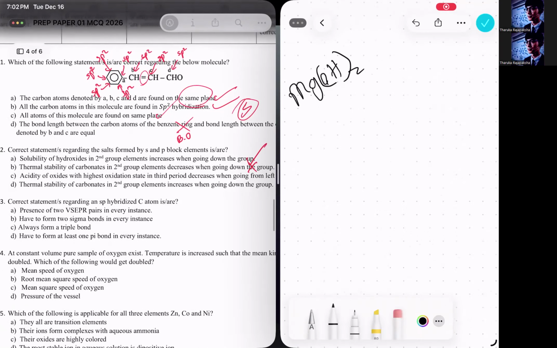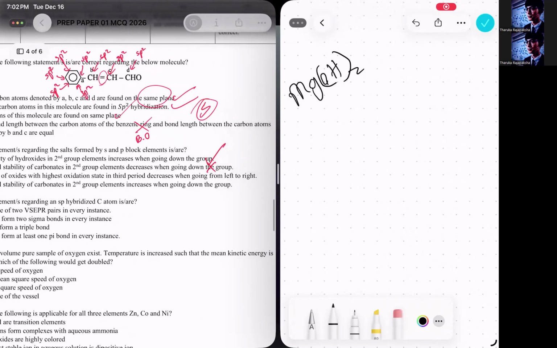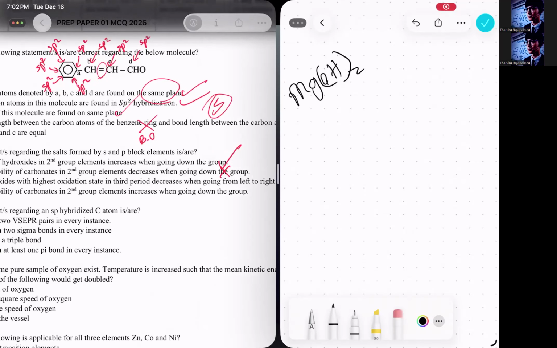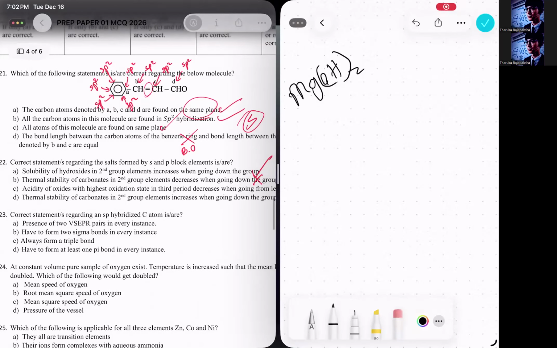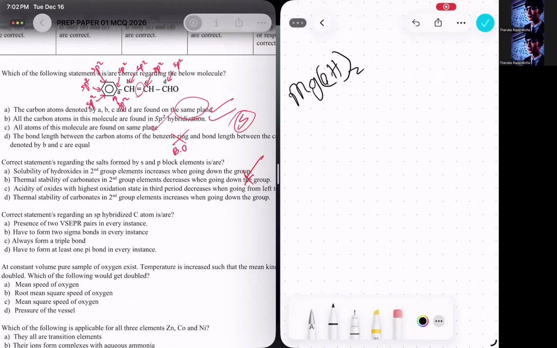C. Acidity of oxides with highest oxidation state in third period decreases when going from left to right. In the third period, people, sodium, magnesium, aluminium, silicon, phosphorus, sulfur, chlorine, argon.